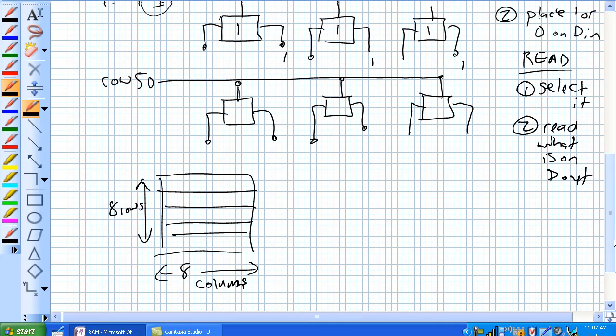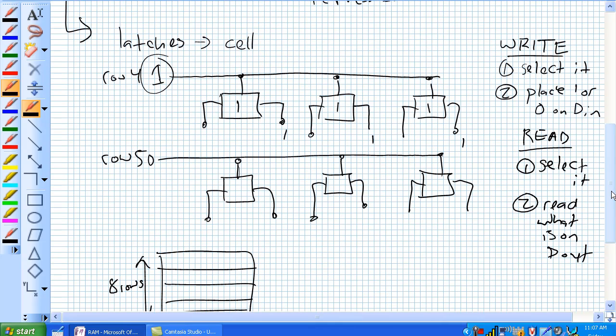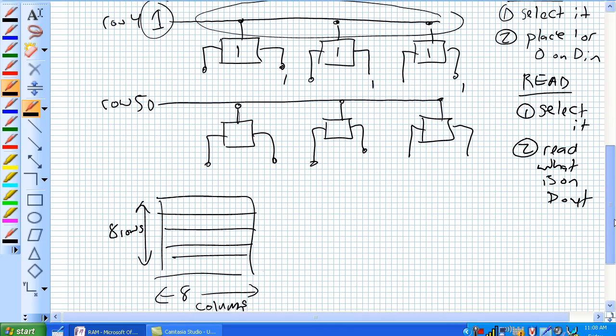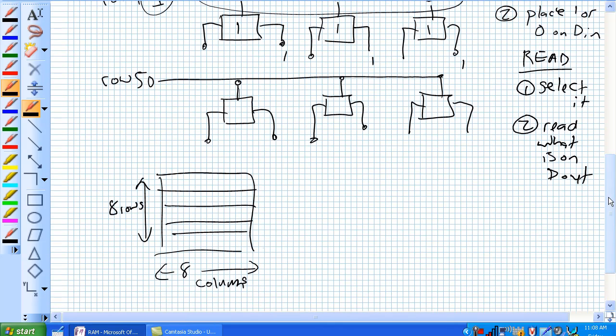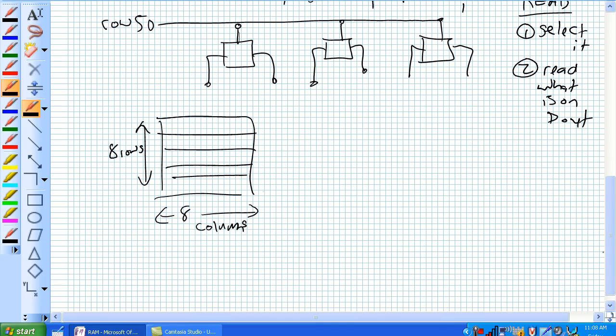All the selects, just as we've done up here, are all tied together. So all the D-ins and D-outs connect to an 8-bit or a single byte data bus and register.